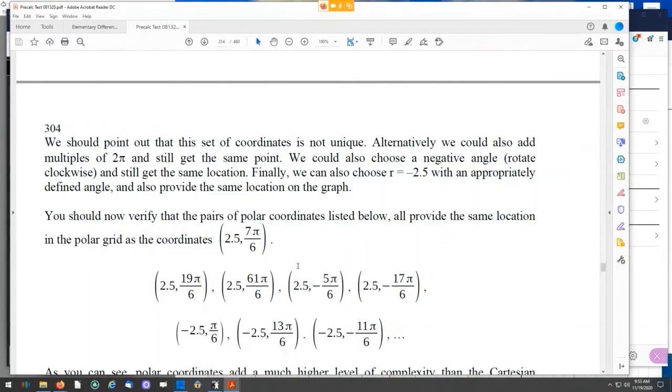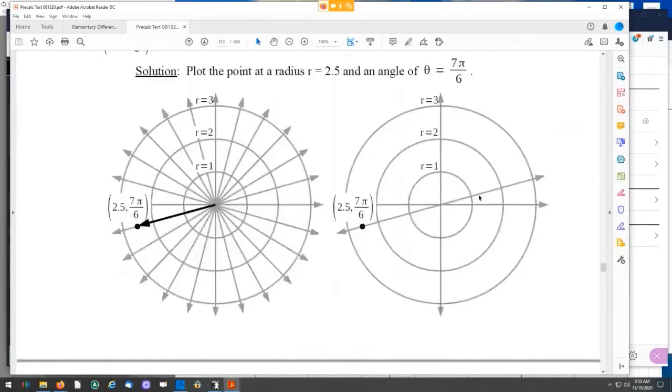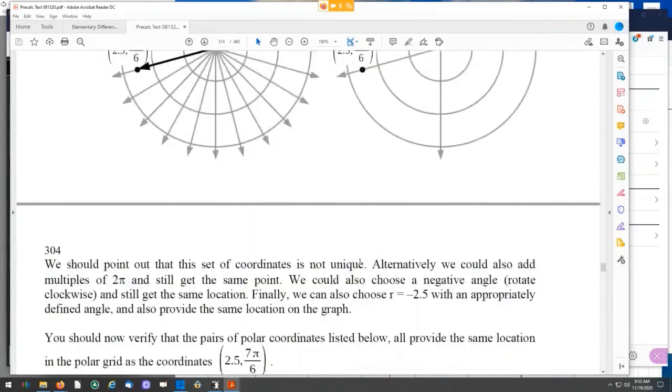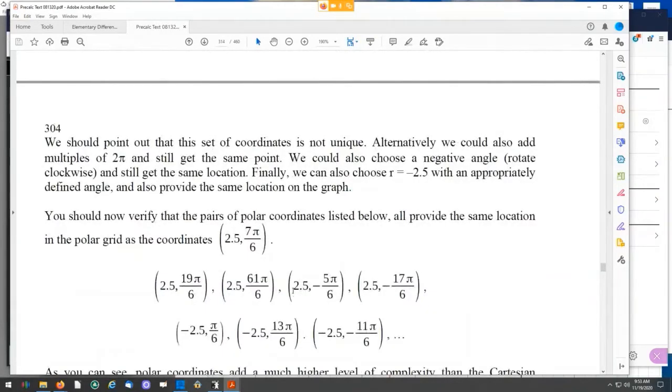But I could also, if I wanted to, rotate in the opposite direction. So I could take my angle being negative if I wanted to, and over here I go in a clockwise fashion, and that is a negative 5 pi over 6. So you can see over here, I could also represent that with a radius of 2.5, but an angle of negative 5 pi over 6.